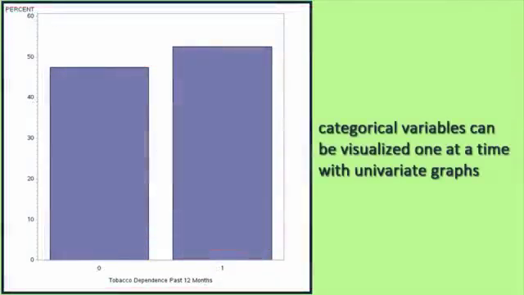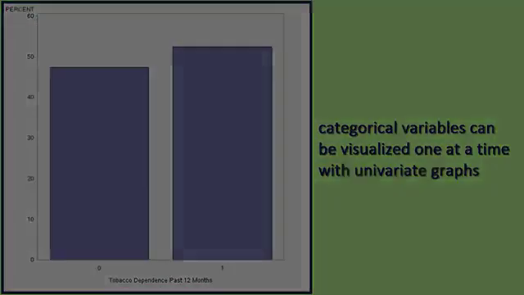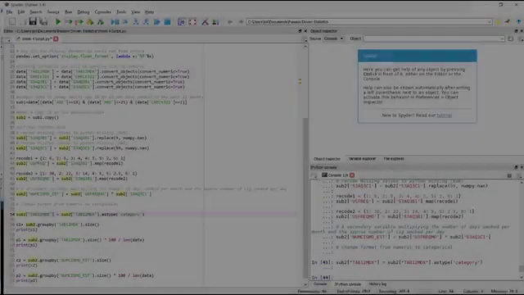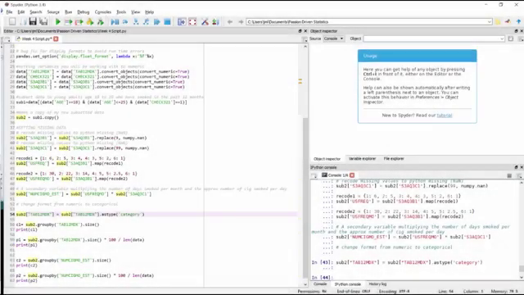Categorical variables can be visualized one at a time with univariate graphs, that is, with single variable bar charts. First off, in order for categorical variables to be ordered properly on the horizontal or x-axis of a univariate graph, you should convert your categorical variables, which are often formatted as numeric variables, into a format that Python recognizes as categorical.